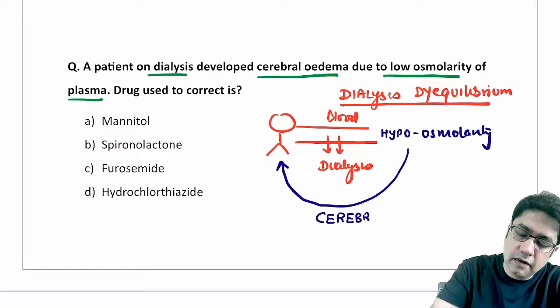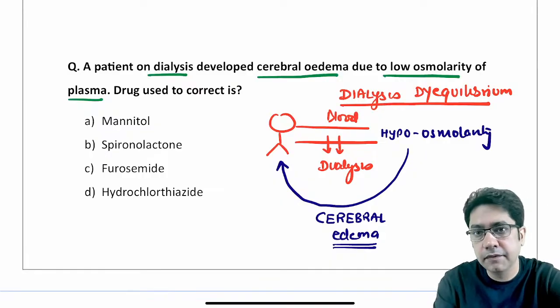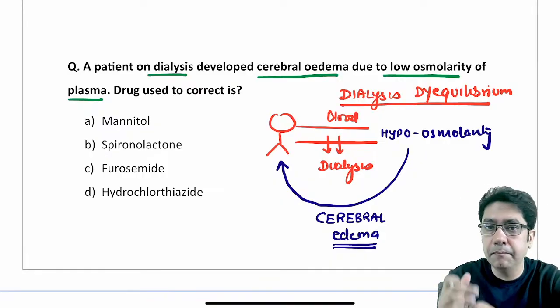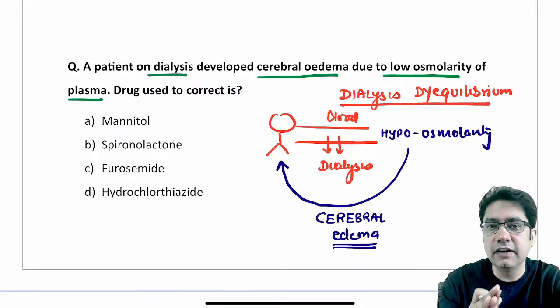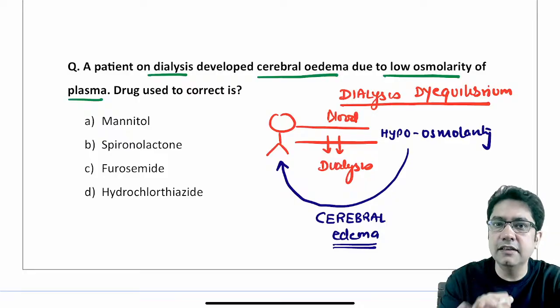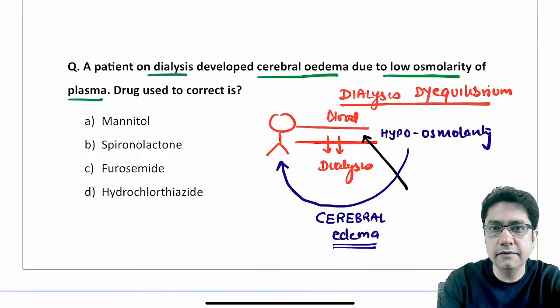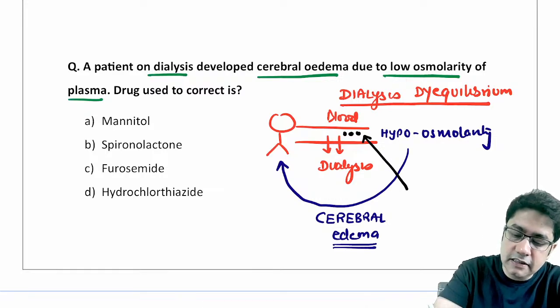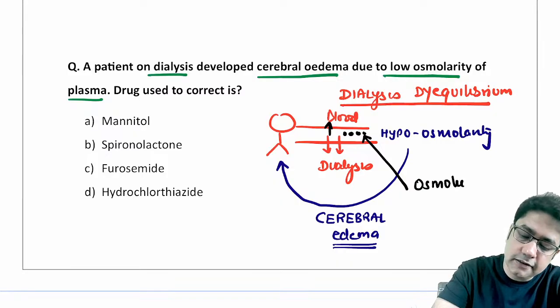Because when the blood is hypoosmolar, excess water present in blood will enter into the brain, because water moves towards higher osmolarity, hyperosmolarity. That is why the patient suffers from cerebral edema. Now to correct this cerebral edema, we must control the osmolarity of blood. So how can we increase the osmolarity of blood? By giving osmotic diuretics.